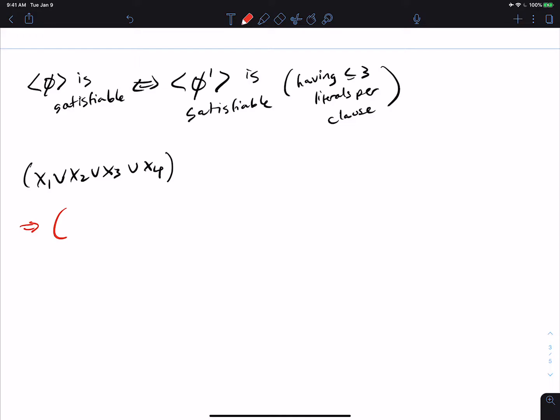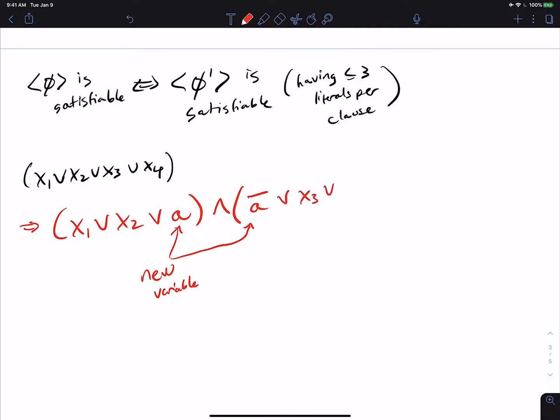It's going to be x1 or x2 or a, where a is a new variable, a dummy variable if you like, and then the same variable over here, but the complemented version of it, or x3 or x4.